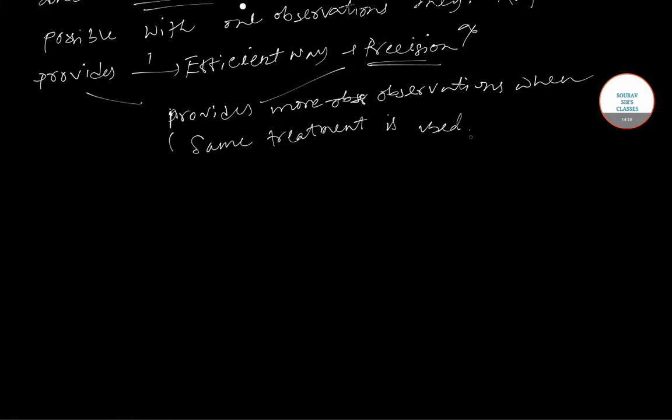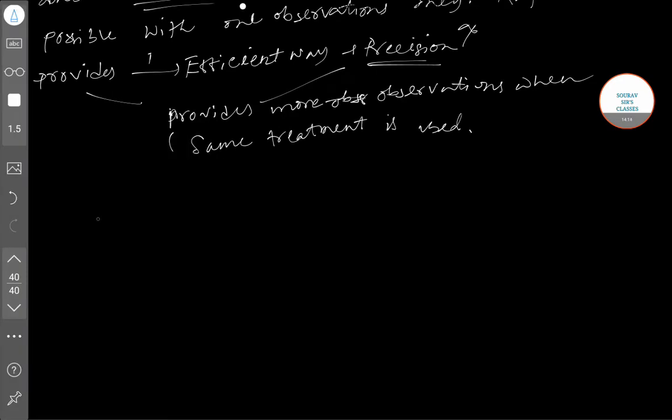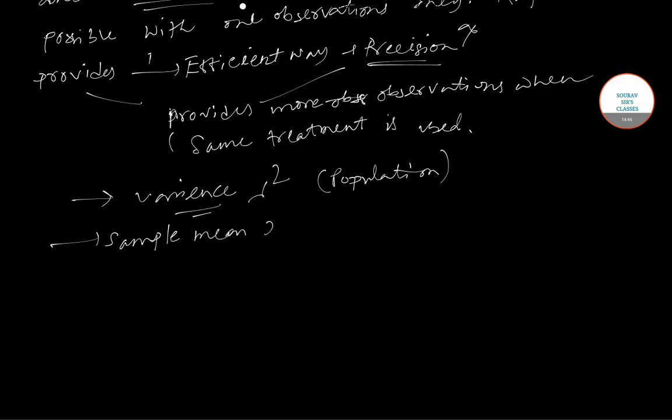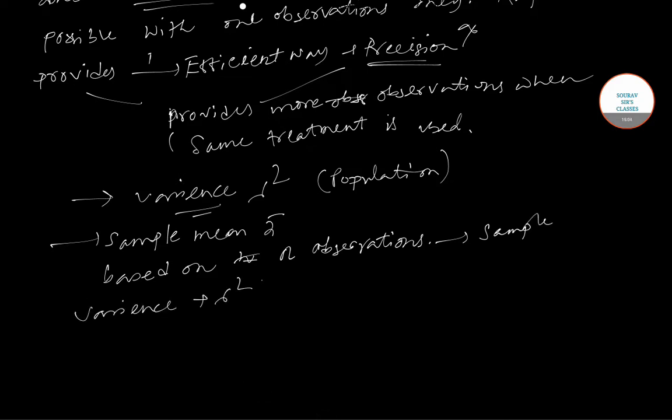For example, if the variance of x is sigma square, then the variance of the sample mean x bar based on n observations is sigma square by n.